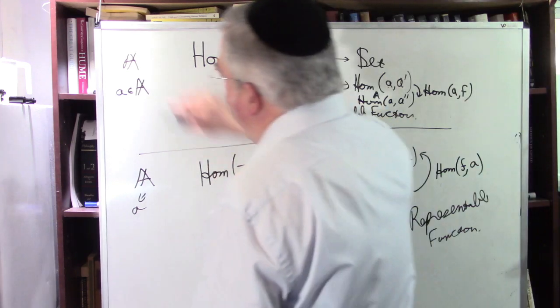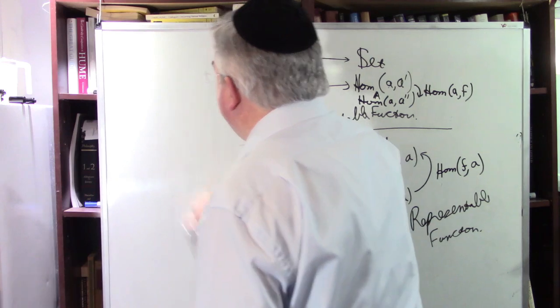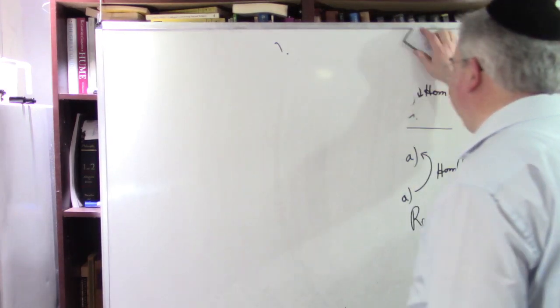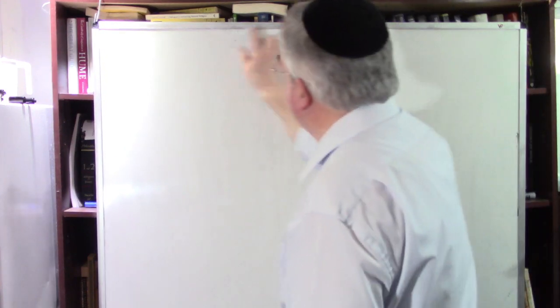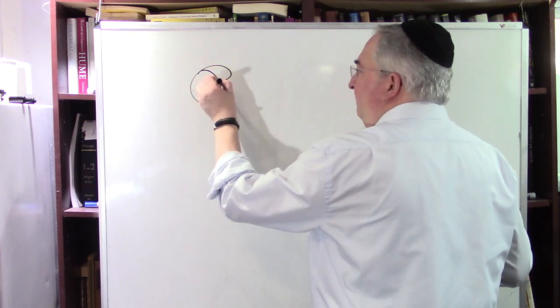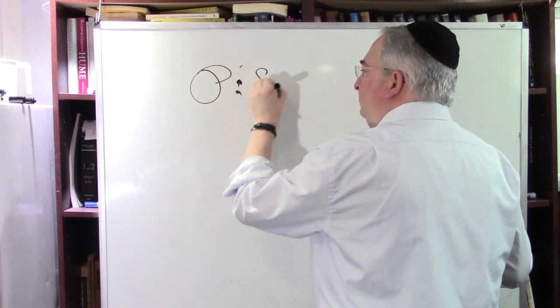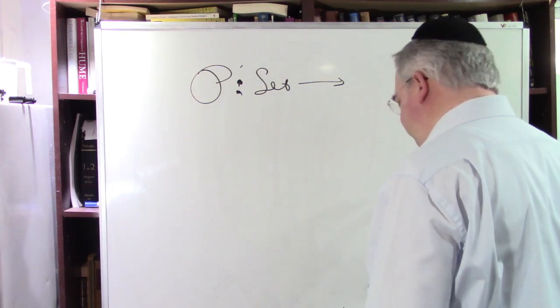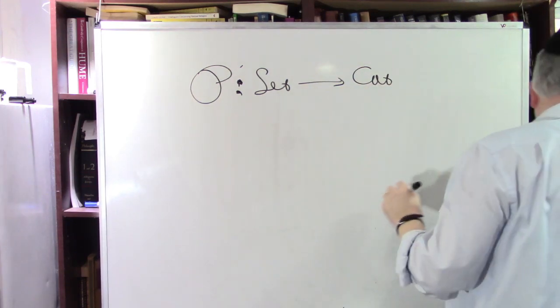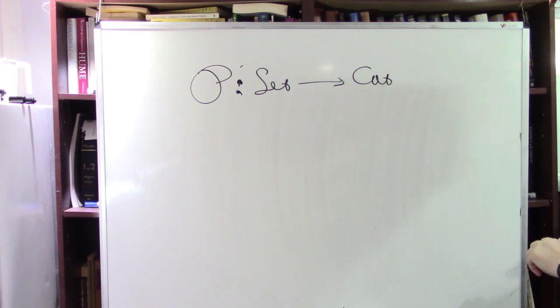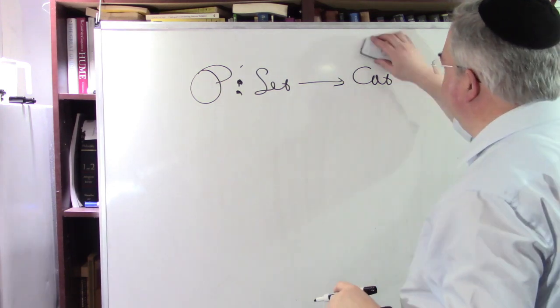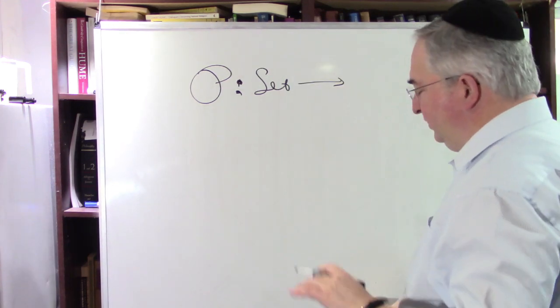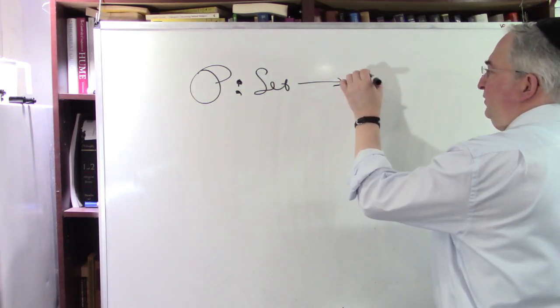Okay, great. Let's see some other examples of contravariant functors. There are a lot of ways of looking at this, but I want to do it in Set.